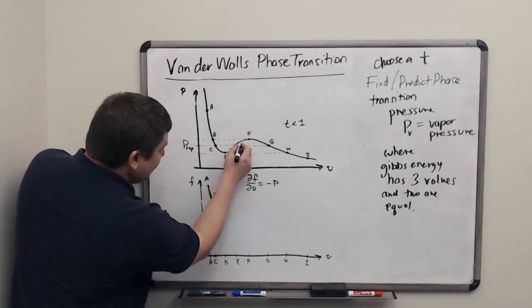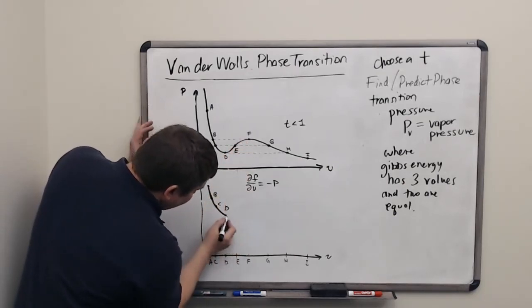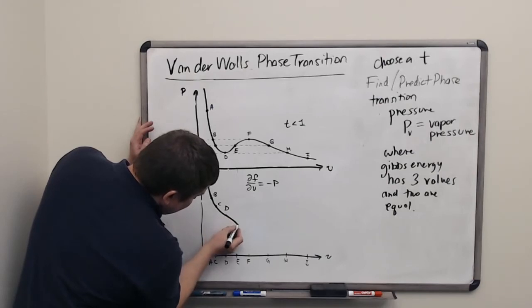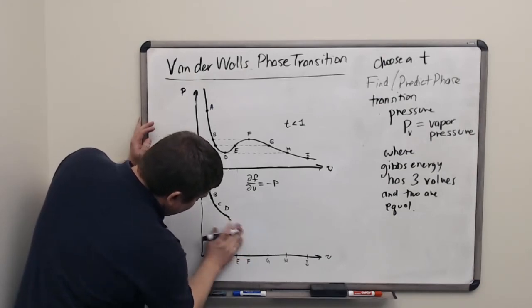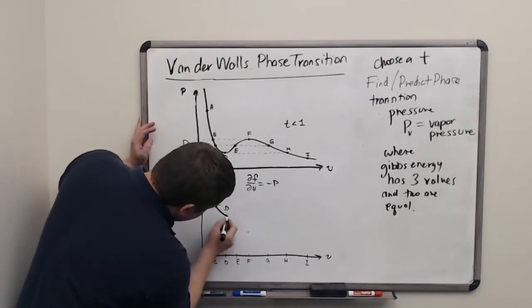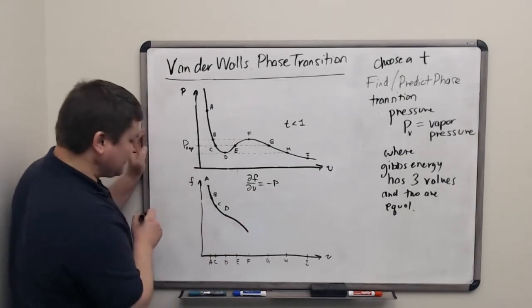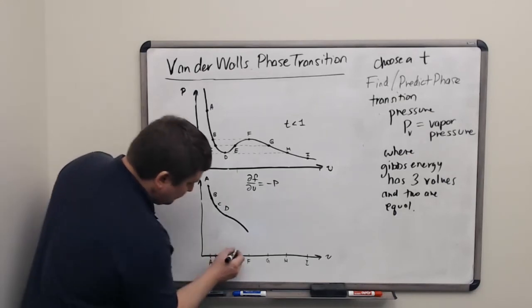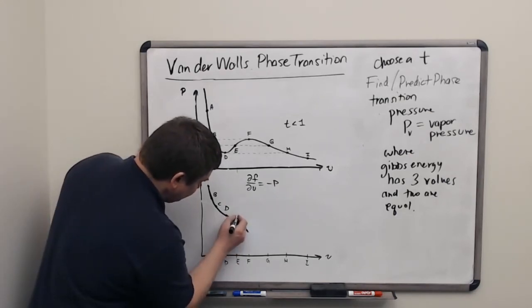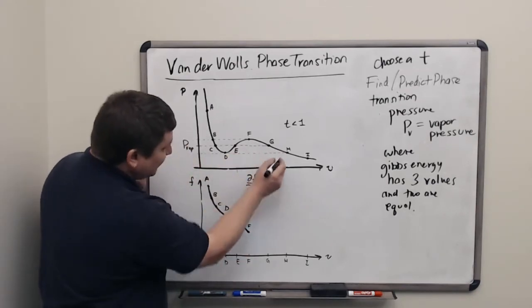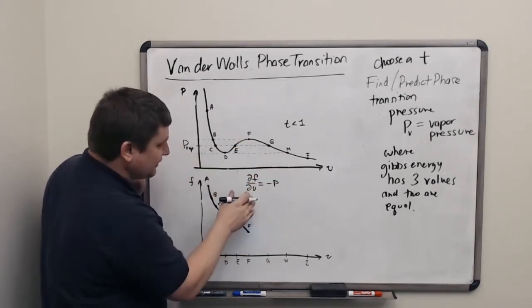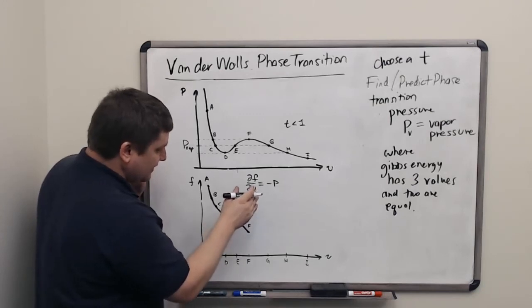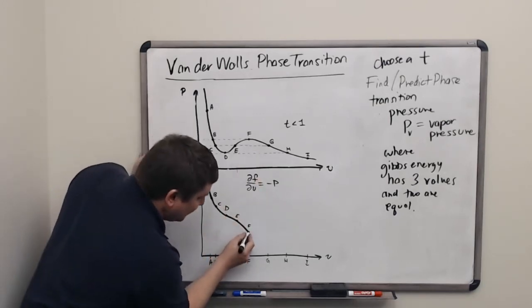Between D and F, we have a situation where it is concave down. So between D and F, we have a slightly concave down. And then after F, we go back to a decreasing pressure, so an upwards concavity for this free energy function.